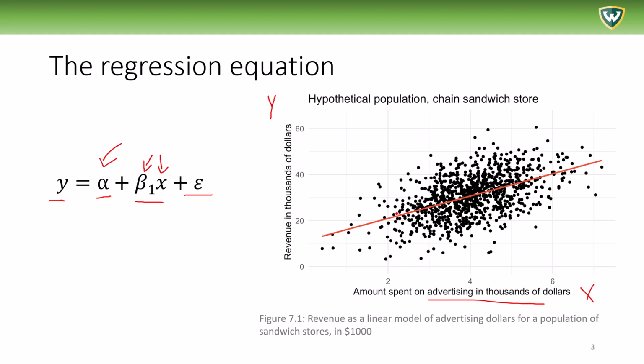So each dot is a location. So we have this location here, and this location here. This location is, let's say, in Wayne County, Michigan, and it spends about $3,000 on advertising, but the revenue is pretty low.